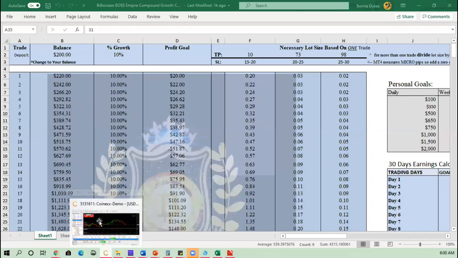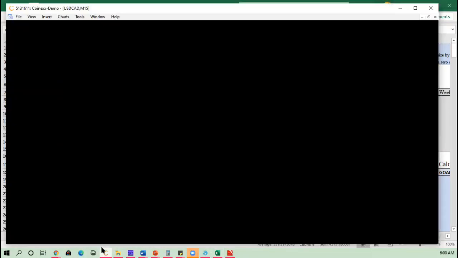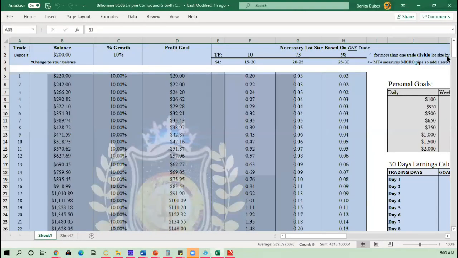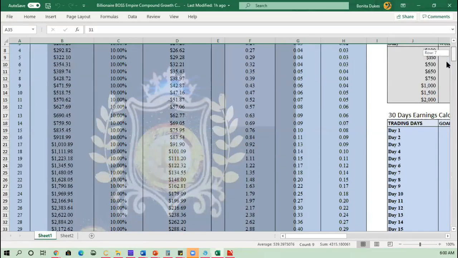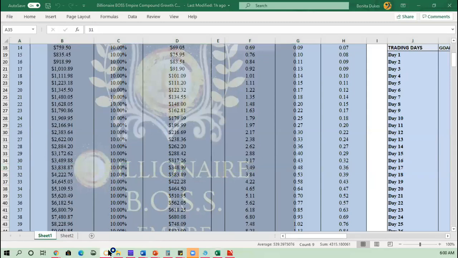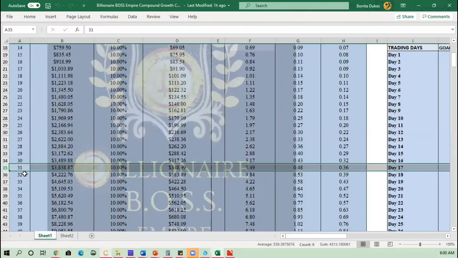But pay attention to how much it is, though. I'm trying to show you guys something. So this is $4,000, but it's $4,222.76. That is not how much my account is. So that's not what I'm looking at. I'm going to the next line up, and you can see I've highlighted it.